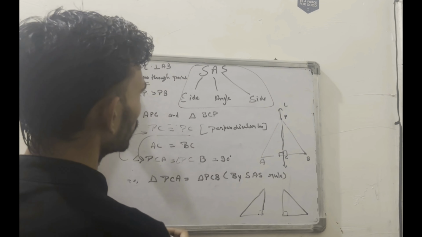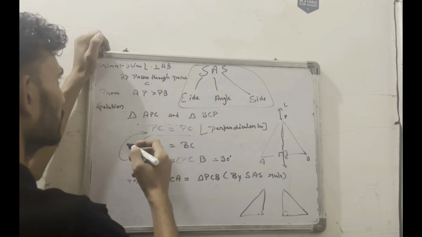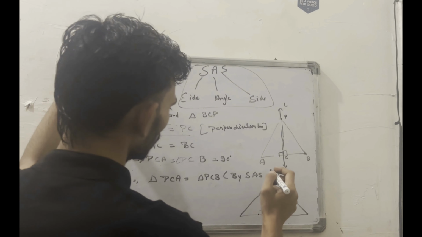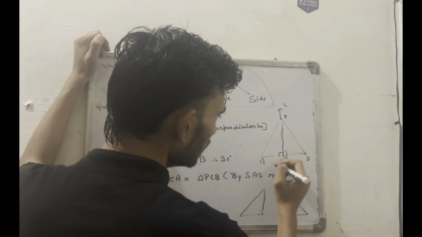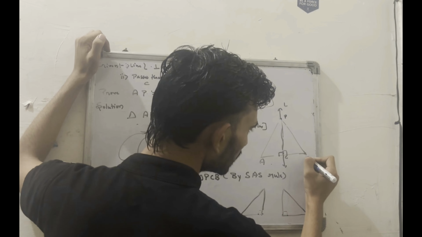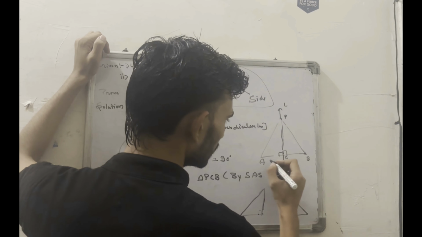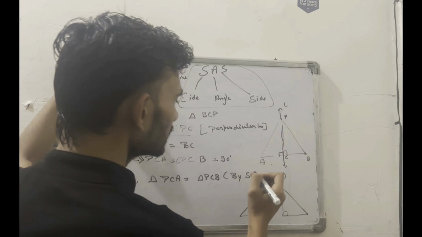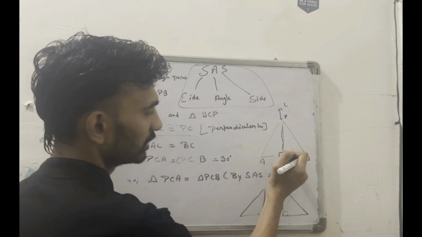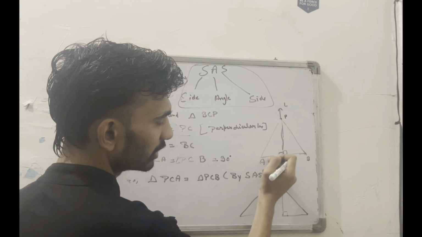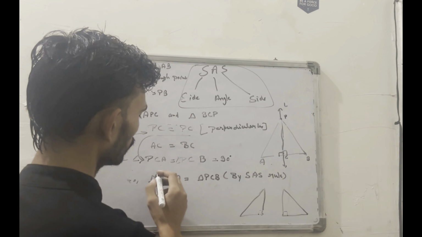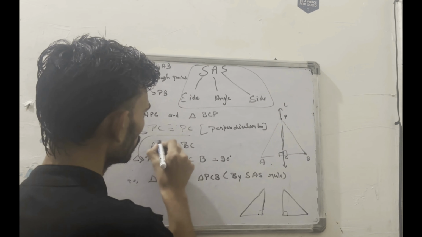Then moving forward, it is given that line L is intersecting the line AB. If the line is intersecting, that means it is breaking the line into equal parts. So we have written that AC equal to BC.